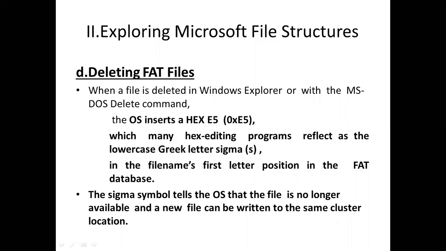This sigma symbol tells the operating system that the file is no longer needed and a new file can be added to the cluster. So whenever the sigma symbol is seen, the OS automatically understands that the file is no longer needed and a new file can be written over in that place.